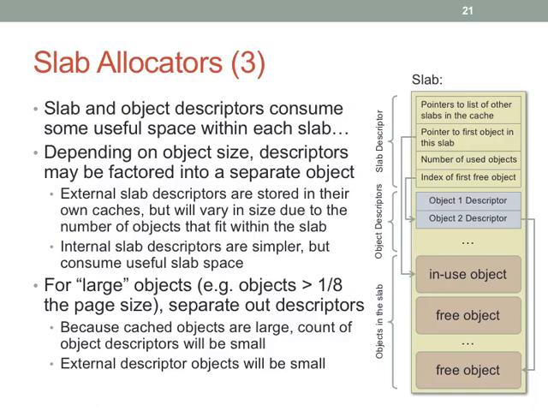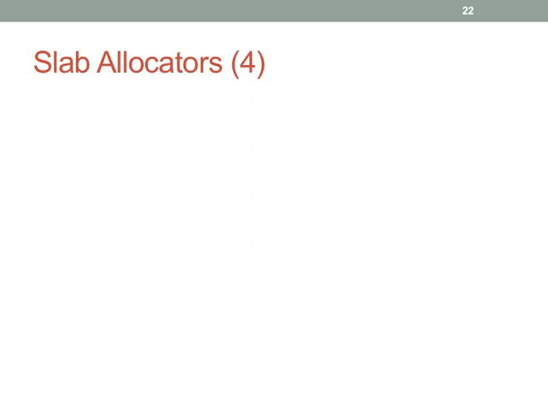So for large objects, it'll say, well, I could only cram 8 of these per virtual page. I might have 4 pages. So why don't I go ahead and factor out the object description so that I don't lose too much space to the descriptors. I need to make sure I keep that straight.